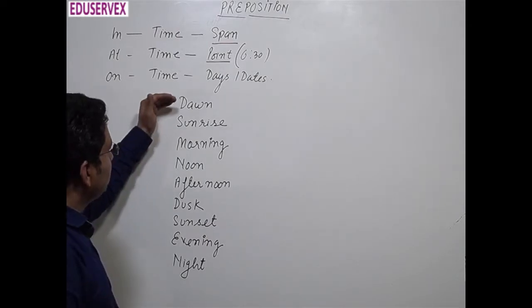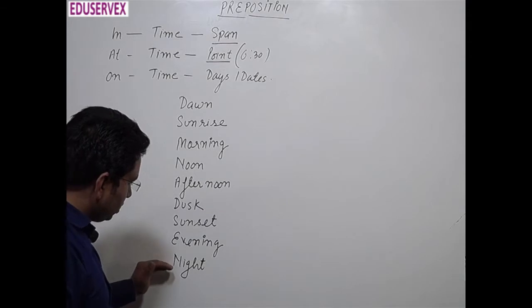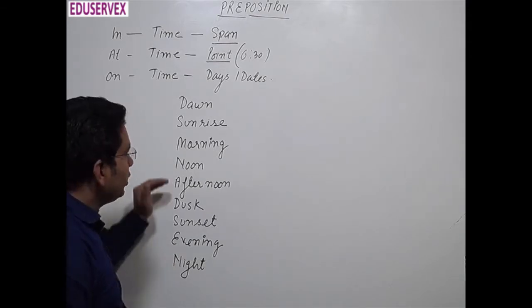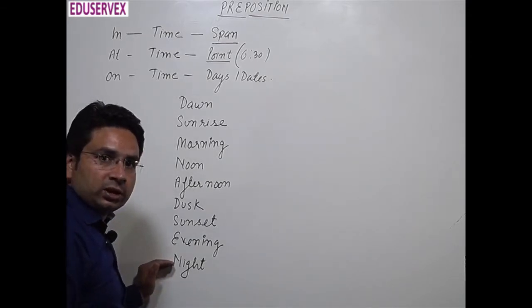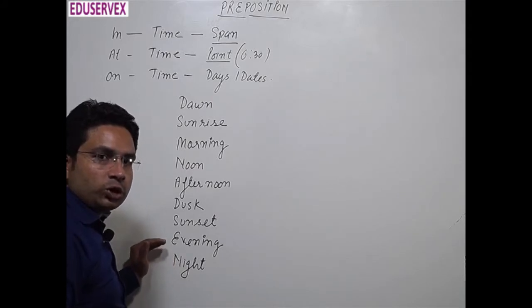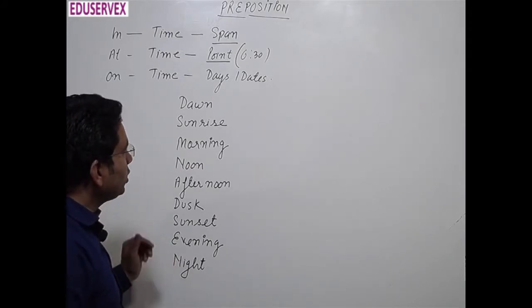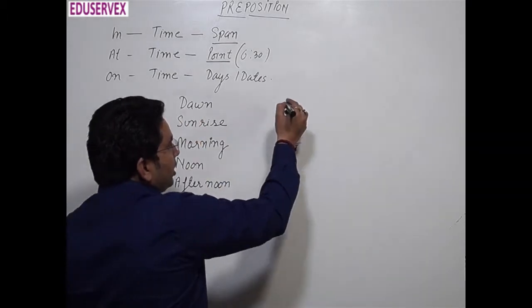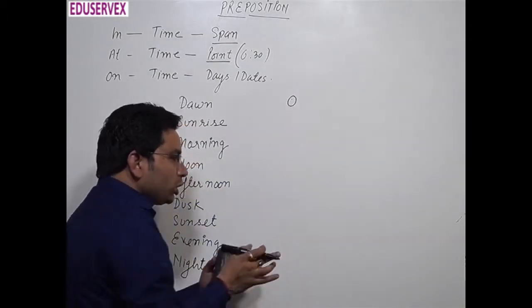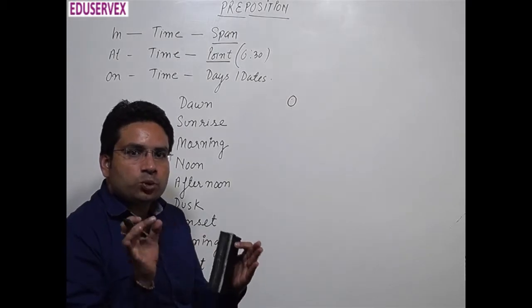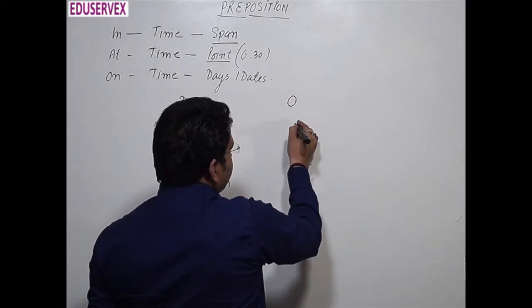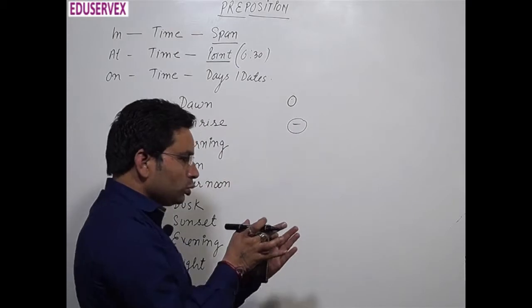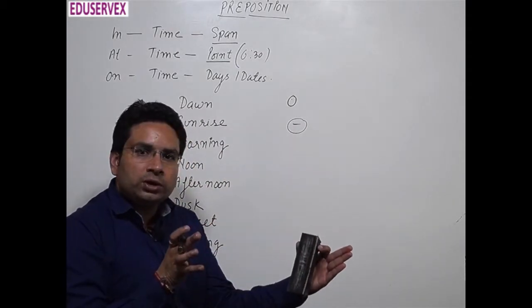Okay, so I have given you the fragments of the day. The day starts with dawn and ends with the night, and you have to set the prepositions here. I will give you a shortcut to break this idea. What is the shortcut? There are two kinds of time. Some are defined by a point, which are not too long, the smallest ones. Some are described by a span, quite a longer one.